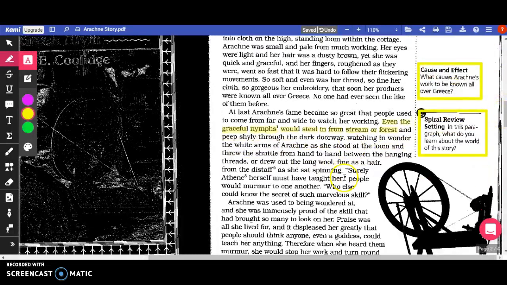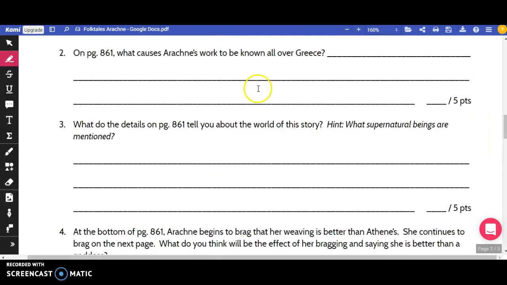And it also talks about people discussing the gods and goddesses as if they were real. So what I'm asking you here is, what do these details tell you about the world of the story? This might not be a story set in the real world.